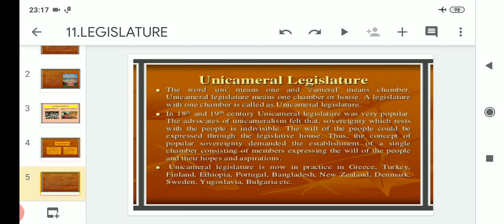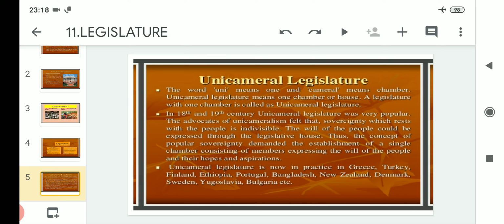So what the people actually need, the will of the people, can be forwarded through these legislative houses, which was a single chamber or single unit in unicameral legislature. So this type of legislature was very popular in the 18th and 19th century, and the people also believed that all their wills and wishes could be fulfilled by this legislature.